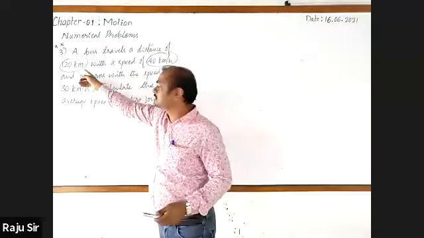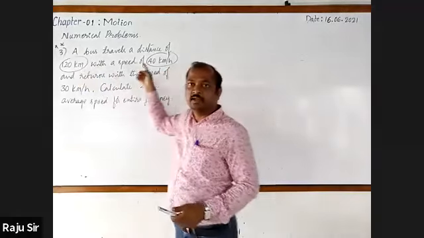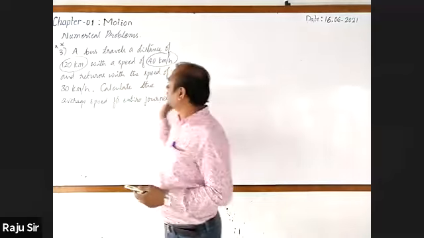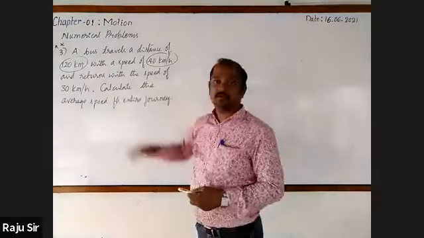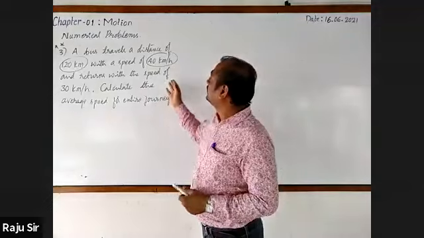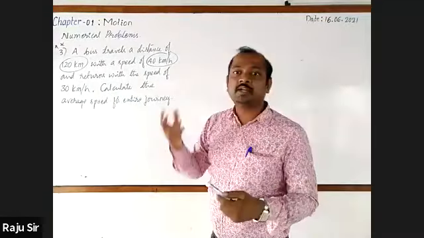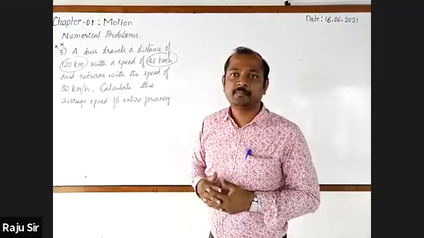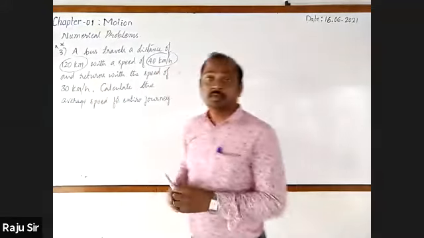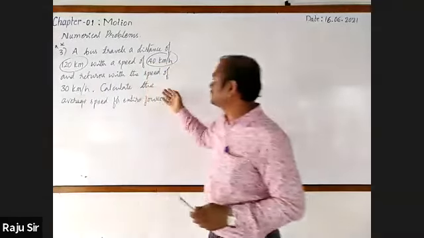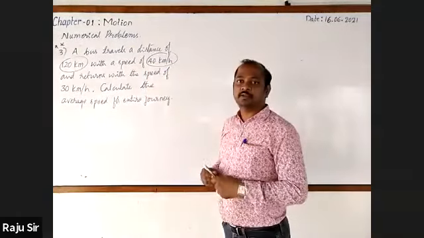In first case, distance traveled is 120 kilometer and speed is 40 kilometer per hour. Then it returns with a speed of 30 kilometer per hour. In returning, what is the distance covered by the bus? 120 kilometer only, but it was coming with a speed of 30 kilometer per hour. With this information, we have to find out average speed.